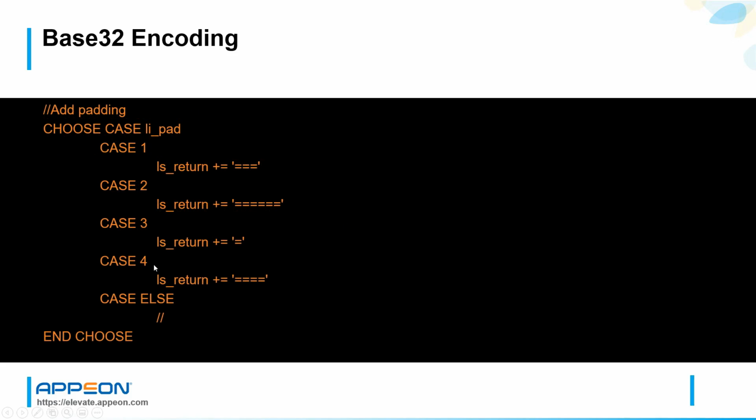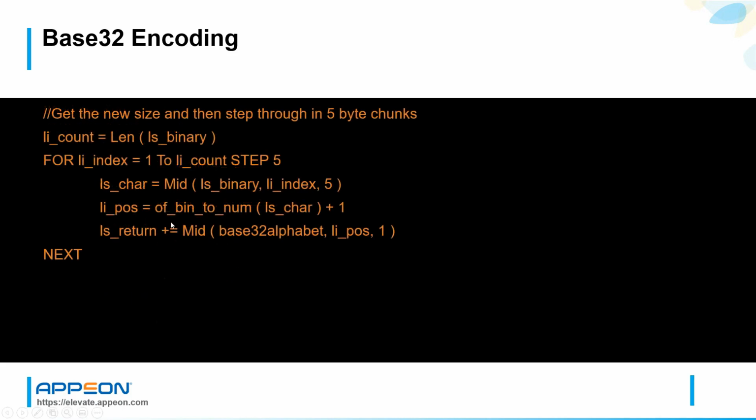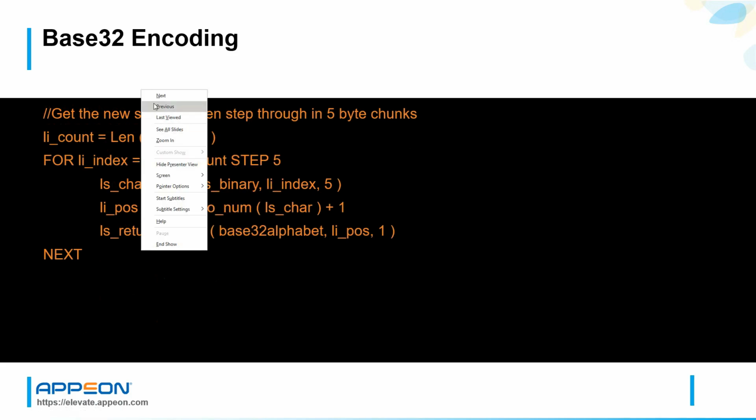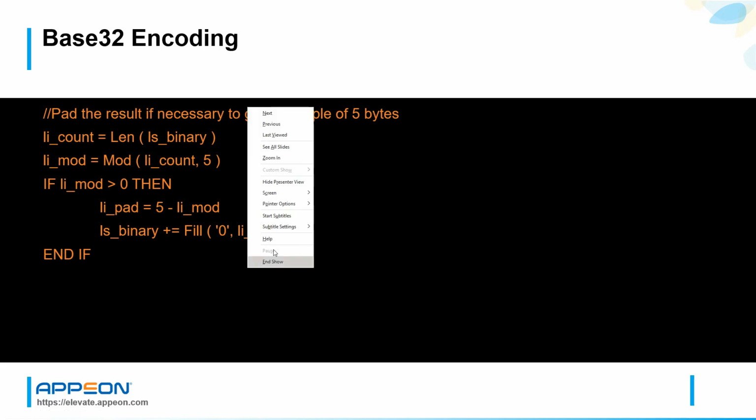And then finally, there's padding that goes on to the end of it. Let me go back here for a second. I calculate the pad by taking 5 and separating out this mod value.